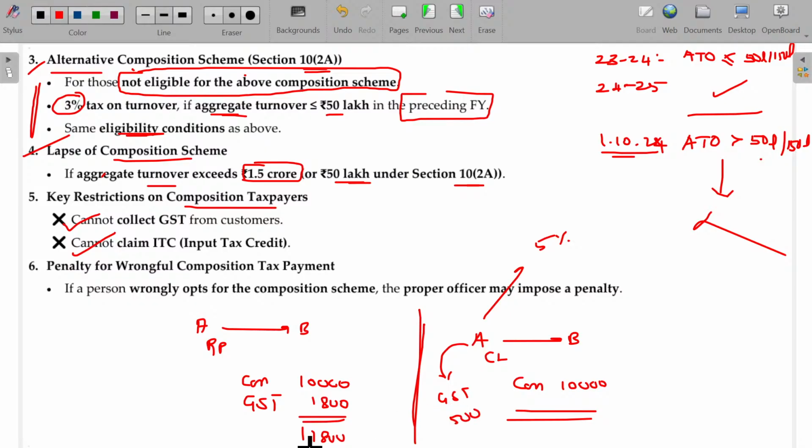So he has no power to collect. Sir, in our invoice there is a 5%, sir. No, no, no. MRP is 1,000. The machine is prepared in such a way that the original value plus GST will be printed in the invoice format. But they cannot change the machines.